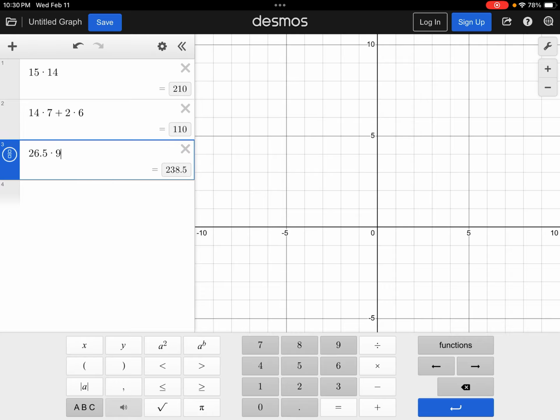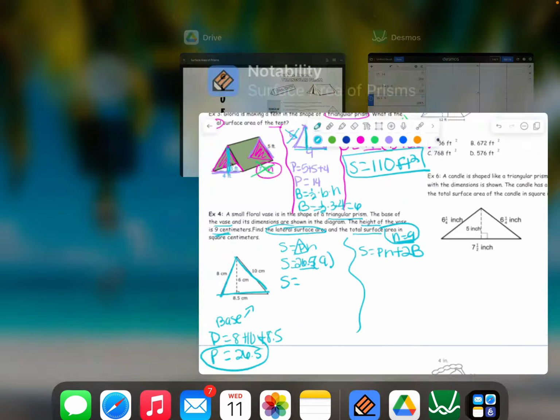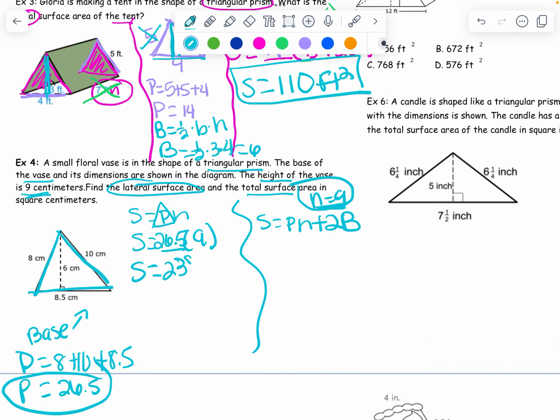Okay, so then my lateral surface area is going to be 238.5. I'm going to go ahead and box it. Now, if you notice, this part of the formula is the same, and because we're talking about the same shape, I'm not going to redo all that. I'm just going to use this because that's what my lateral was. So the lateral surface area is 238.5.